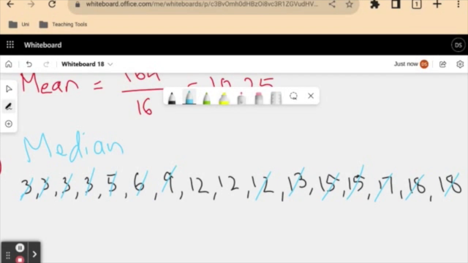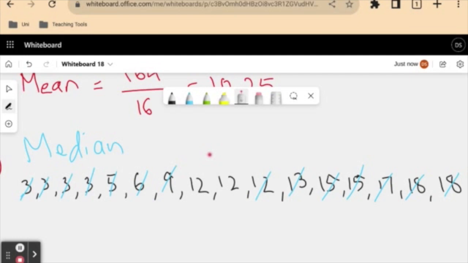When moving from the outside in, we have 1, 2, 3, 4, 5, 6, 7, and 1, 2, 3, 4, 5, 6, 7 terms on either side. So that means the 8th and the 9th term in this case are our middle terms.